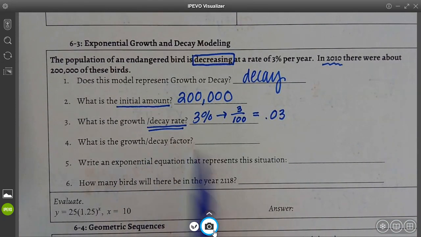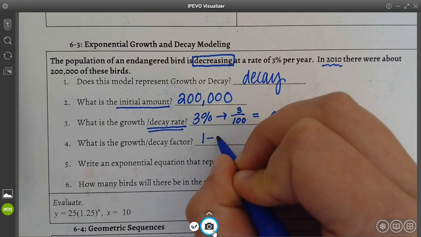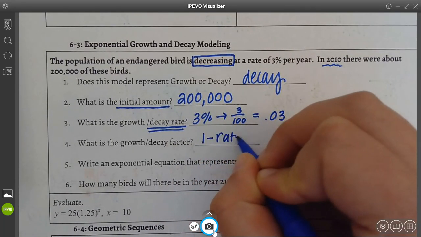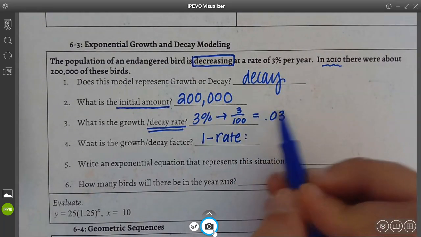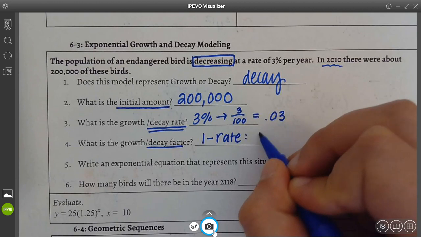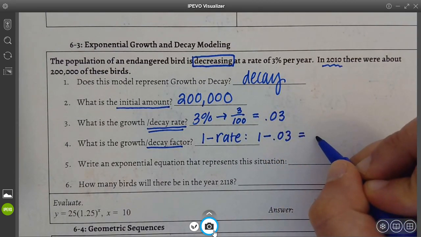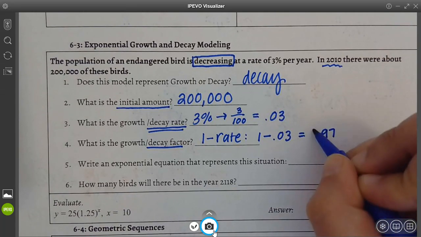The growth or decay factor is 1 minus the rate. So in our case, because it's decay, it's minus. In our case, it would be 1 minus 0.03, which is the same thing as 0.97.